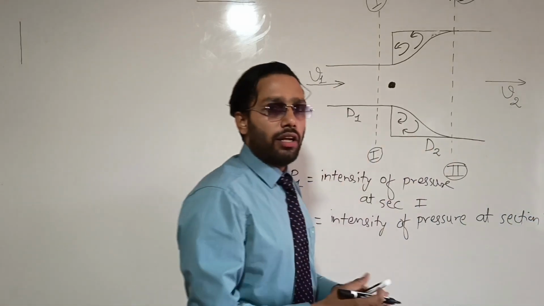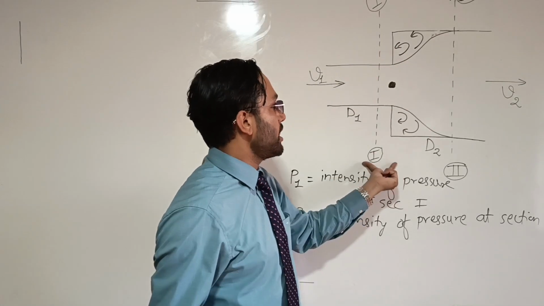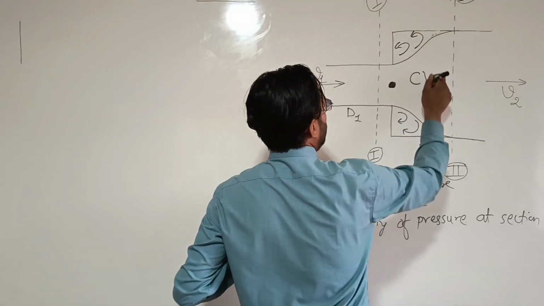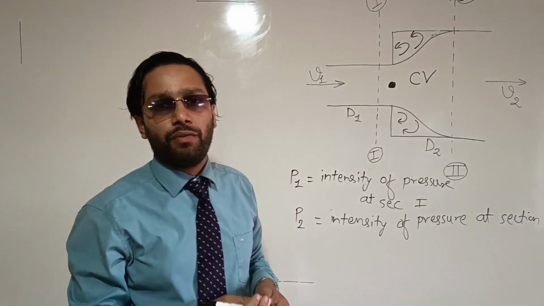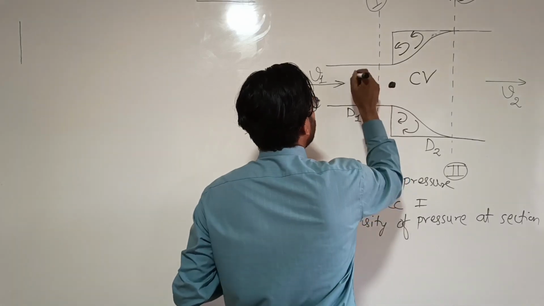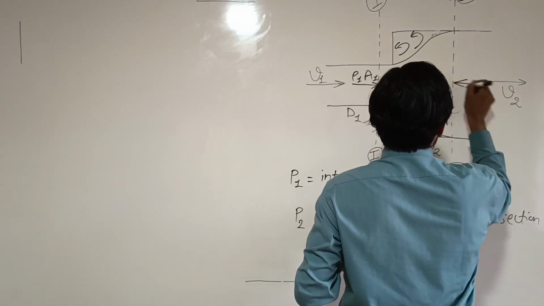These act just before and just after the section of this point loss. We can assume this as a control volume, and the pressure forces always act towards the control volume. So this is P1 A1, and this is P2 A2.